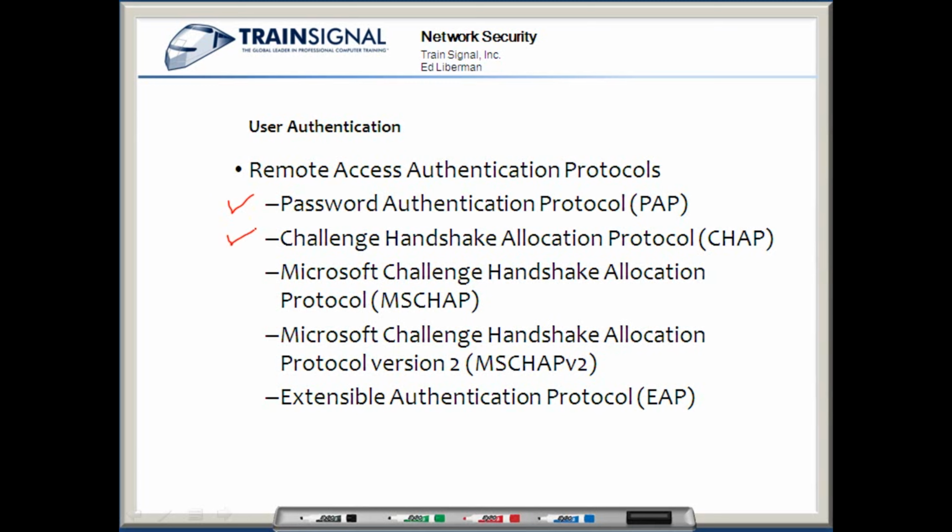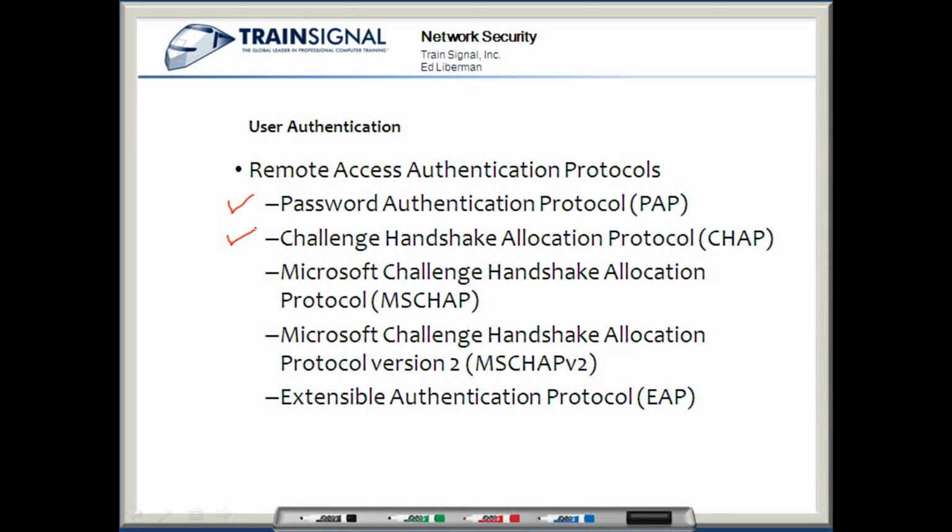Now, the Challenge Handshake Authentication Protocol, or CHAP, was the first what was considered to be secure remote access authentication protocol, because CHAP allows you to authenticate without having to send the actual username and password across the network in a clear text, unsecure fashion.